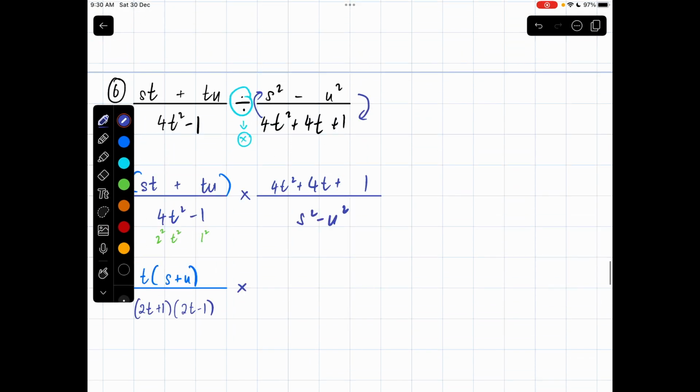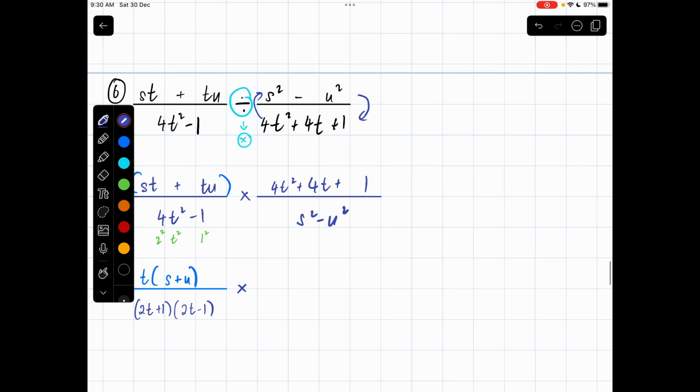If you remember the cross method, we will have 3 columns.